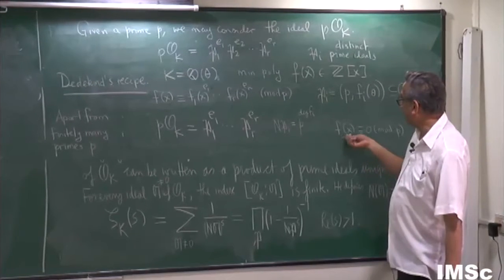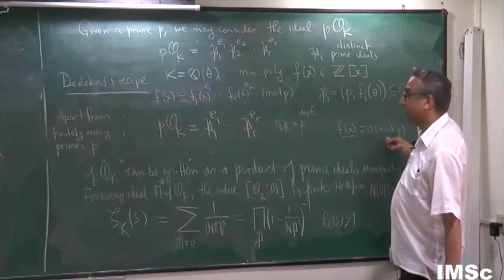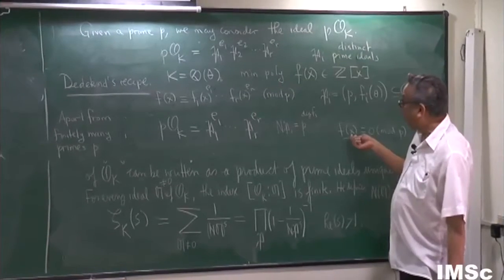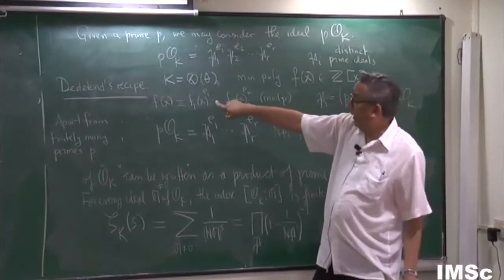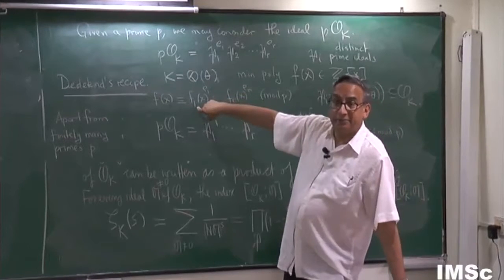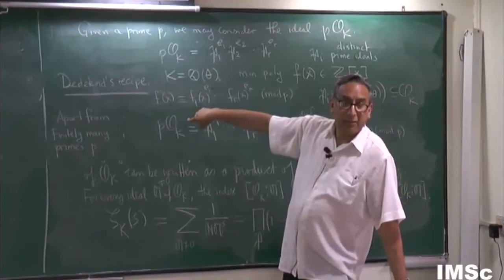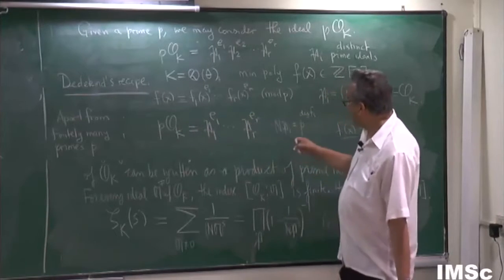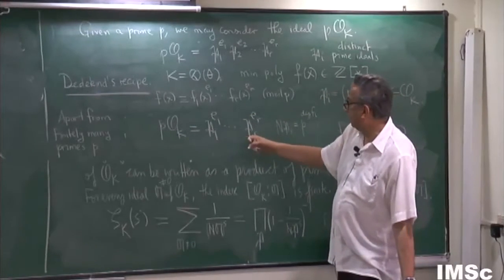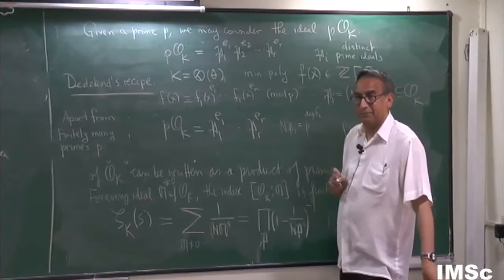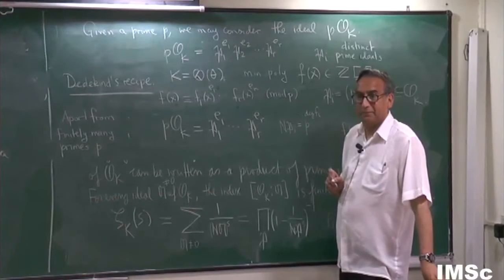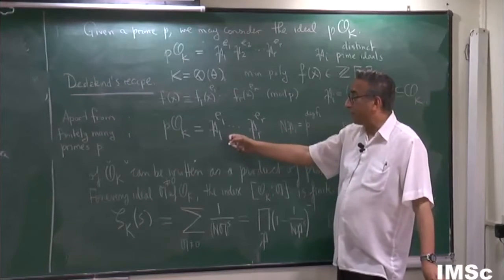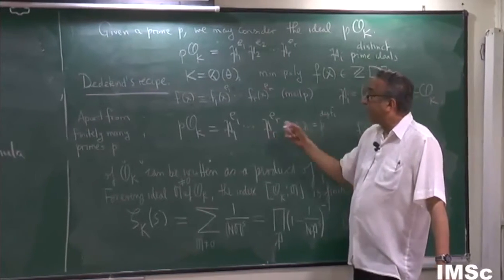So to say that f(x) is 0 mod p, that it has a solution, means that when I factor it, there's a linear factor here. That means there's a polynomial f_i of degree 1, which means that there's a P_i in here whose norm is p. And every time there's a prime ideal of norm p, there was a root there.